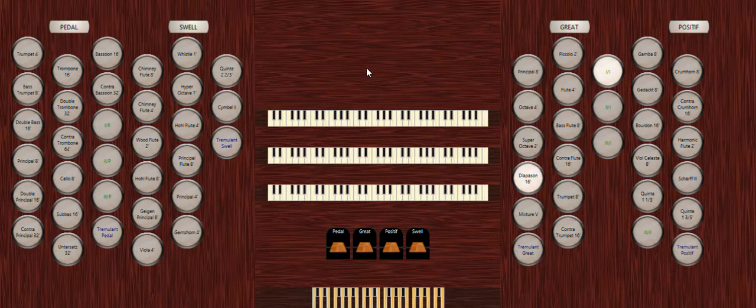Then we have a gigantic 16-foot diapason on a manual. And essentially how I did this was for the G above middle C down to the lowest note, that is the 16-foot principal in the pedal of the Berea Church organ.